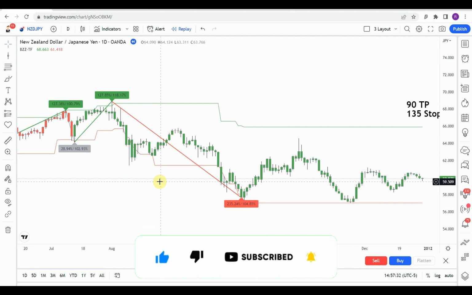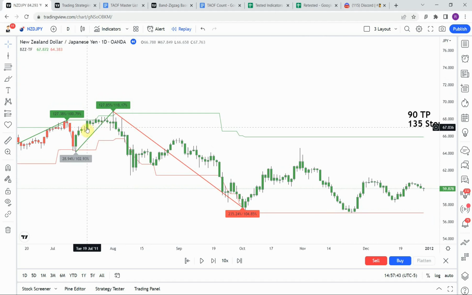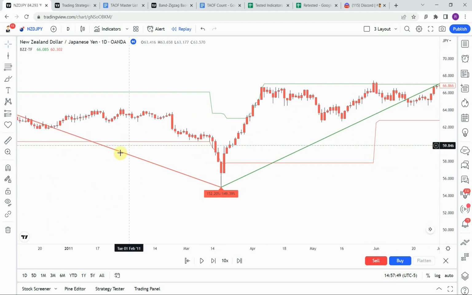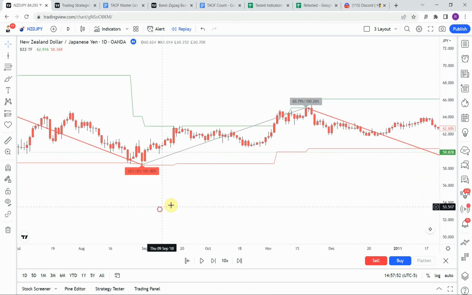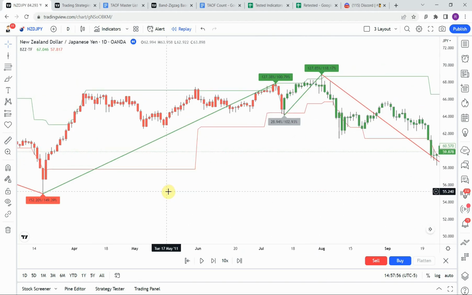So what we are going to do is, first and foremost, look for the coloration of the bars. When the bars are green, we are only looking for long signals. When the coloration of the bars are red, we are only looking for short signals. That's the first piece to this puzzle.